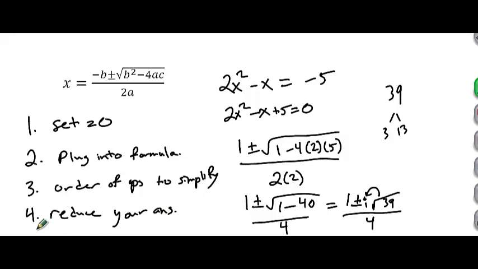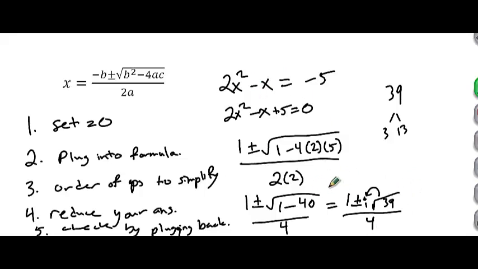At the end of every problem, you want to check if you can. And you check this by plugging back in. Now this is kind of a hard thing to plug back into the original equation.